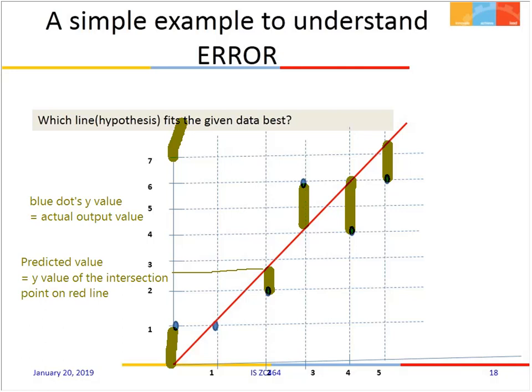So you can see this difference, the difference between the actual output value and the predicted value. You can see that there are certain lines where the difference between actual output and predicted value is positive. Somewhere it is negative. Had we gone for just the sum of these differences, we would have actually nullified these differences, and then we would never have known the optimized value of this set of parameters.